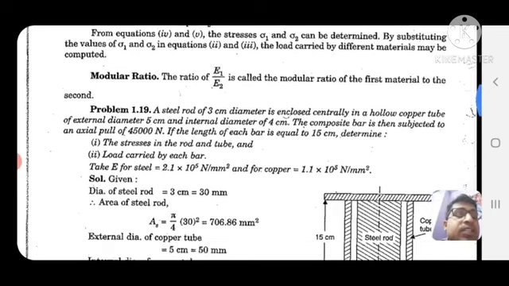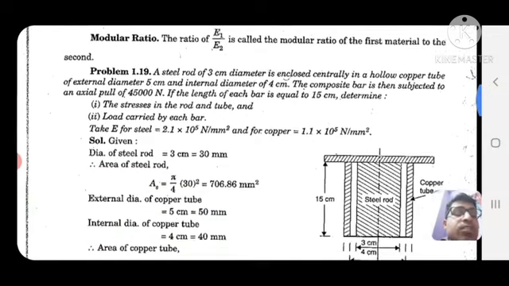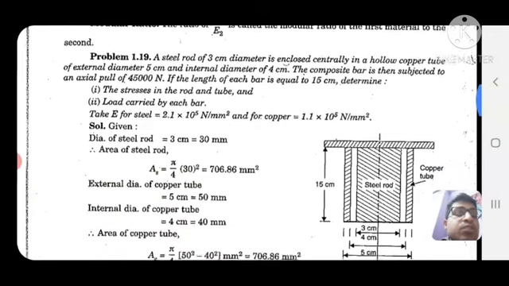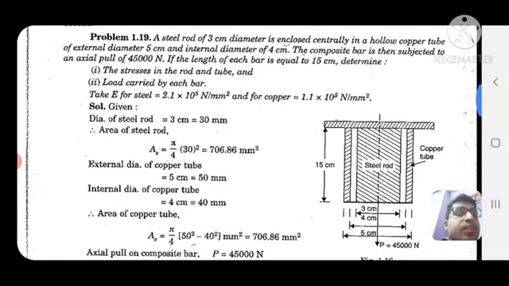This is one numerical problem. A steel rod of 3 cm diameter is enclosed centrally in a hollow copper tube of external diameter 5 cm and internal diameter 4 cm. The composite bar is then subjected to an axial pull of 45,000 Newton.